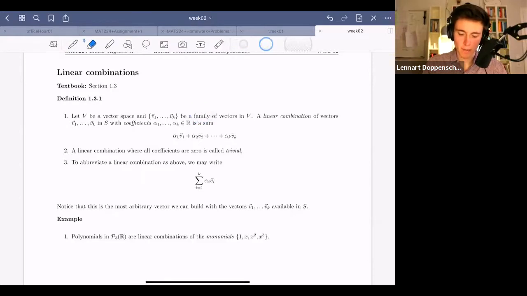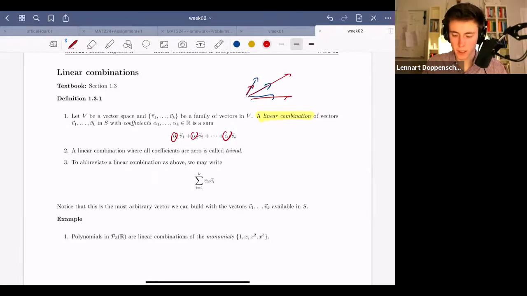If you have such a family of vectors, then there's something that we call a linear combination, and it just means that we add them all together with possibly coefficients. So if you have three vectors, you're allowed to scale them first. This is what the alphas are for, and then you add them together. And vector addition is done by just concatenating them. So in this case, we take the first one scaled, the second one scaled, and the third one scaled.